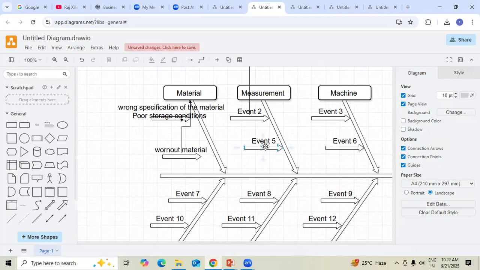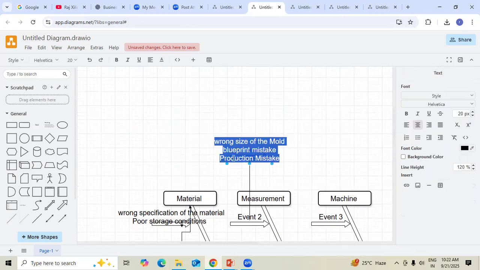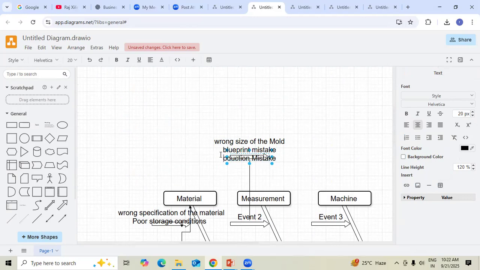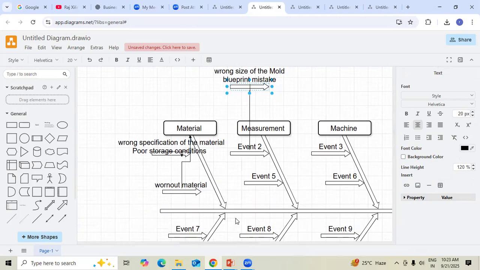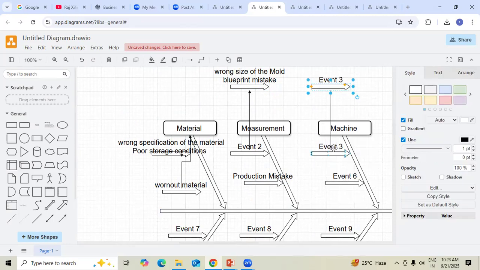Next, it can be a production mistake. Let me do one thing. Let me write the production mistake here. Next, what is the situation, right?